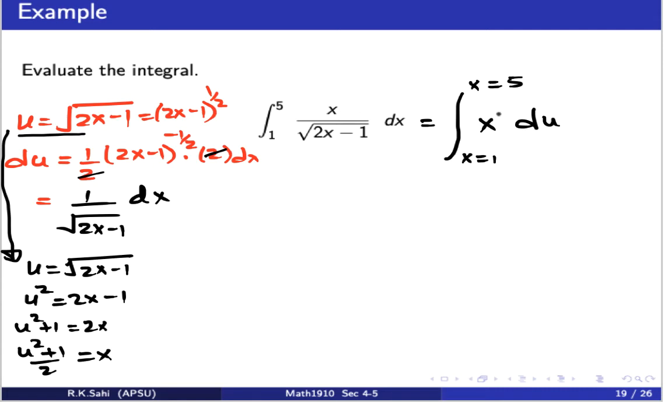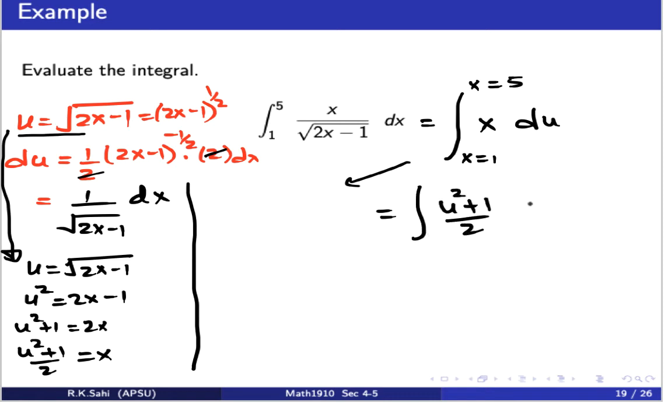So now I can make the change of this x into totally a u. Okay, so when we do this one, what do we notice? We have the square root of u squared plus 1 over 2 du.